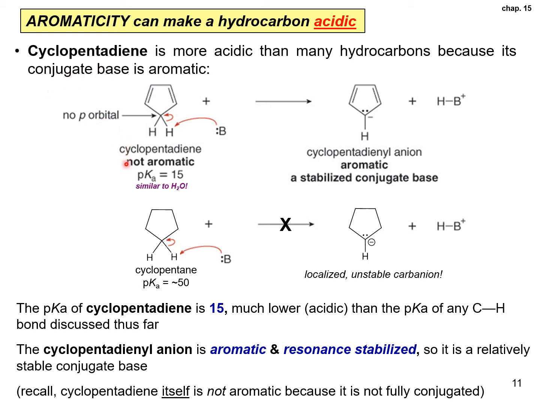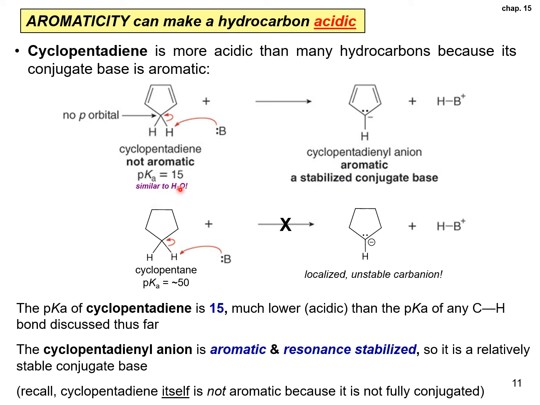Here you have a compound which is non-aromatic, and when you compare the pKa of this particular hydrogen versus the pKa of a typical hydrocarbon hydrogen like cyclopentane, it is very non-acidic. You rarely ever see any simple hydrocarbon losing a proton to become an anion. These are very non-acidic, with very high pKa.